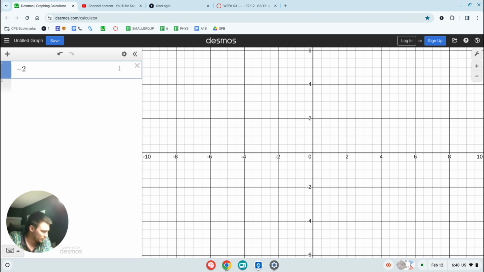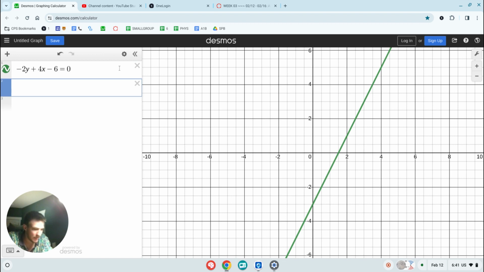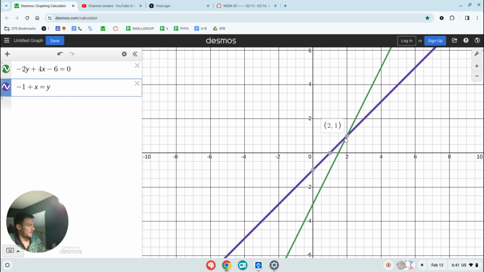Negative 2y plus 4x minus 6 equals 0. Negative 1 plus x equals y. Click it. Muy fácil. 2, 1. No stress, no worries, so easy.